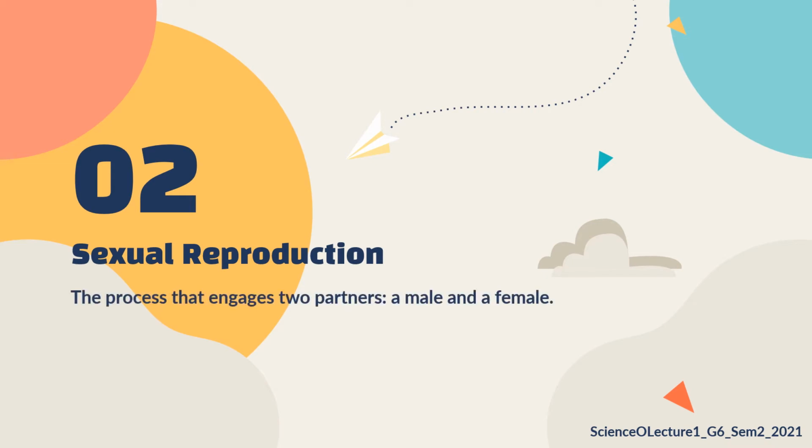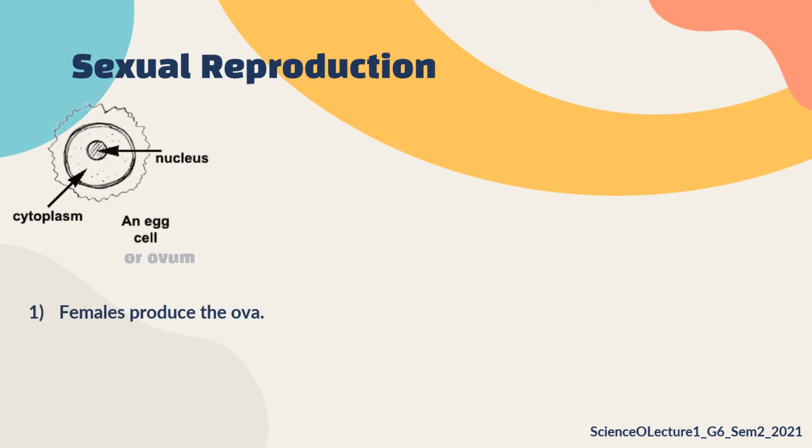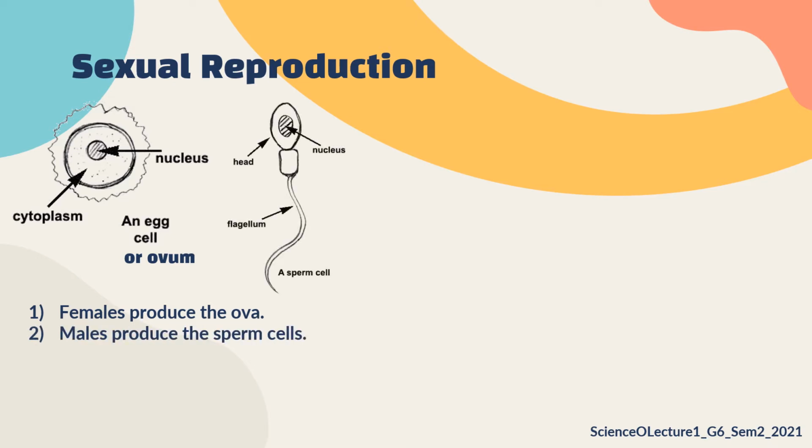What's the second type of reproduction? It's sexual reproduction. How does sexual reproduction happen? Females produce an ovum. The ovum is the female reproductive cell. Males produce sperms. The sperm is the male reproductive cell.